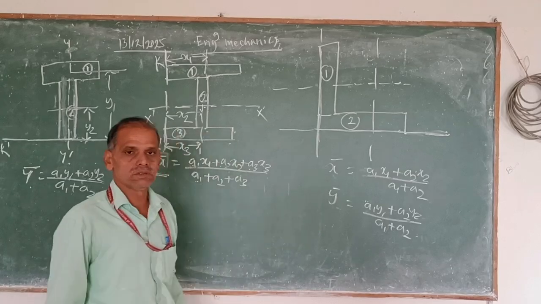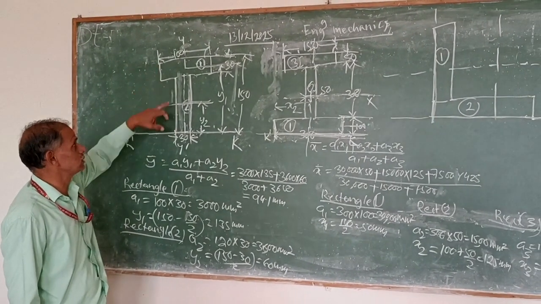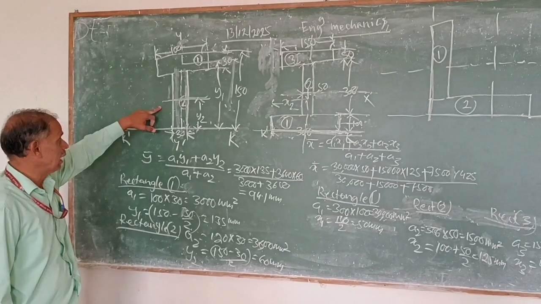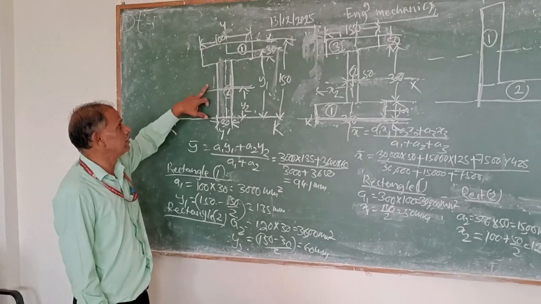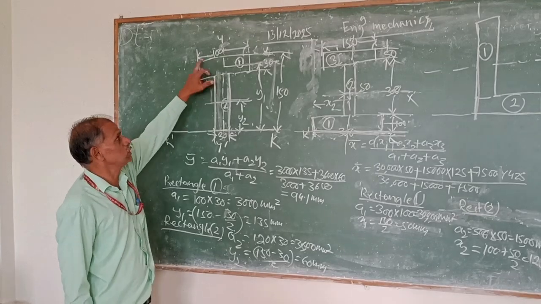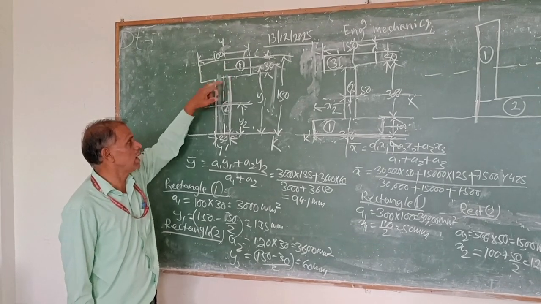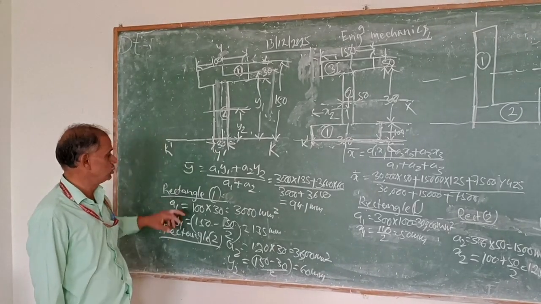Okay, that's all. Now find the center of gravity of this I section, which is symmetrical about the y-axis. So we will find the y bar. We will split the whole figure into section 1 and section 2, rectangle 1 and rectangle 2.